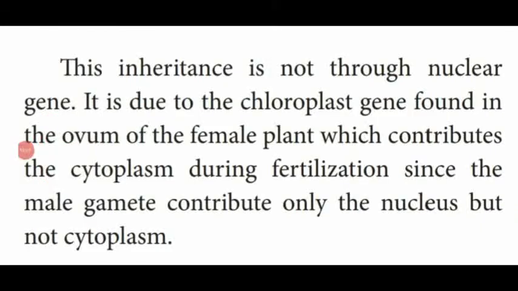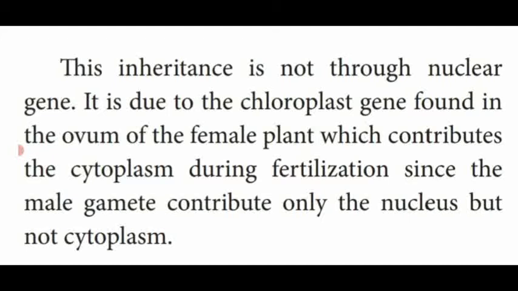Dear students, how is this happening? If you do the reciprocal cross, that is, reversing the parental character, the F1 generation also expresses the female parental character. How does it take place?